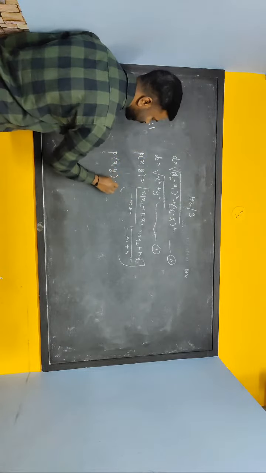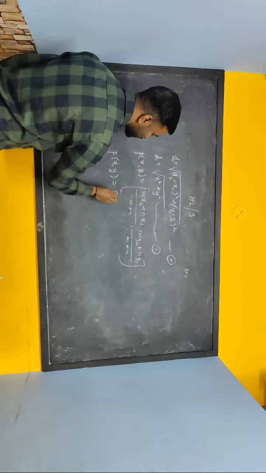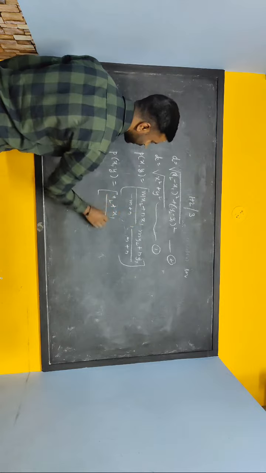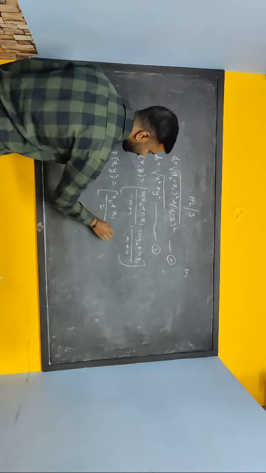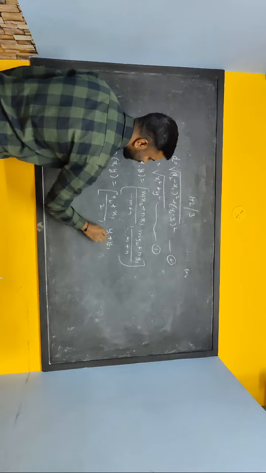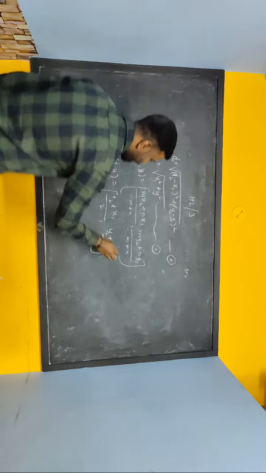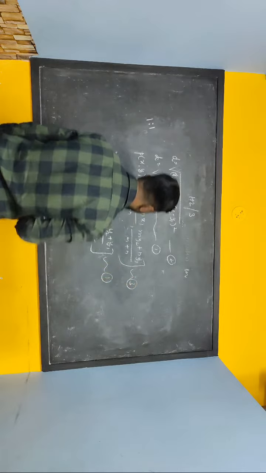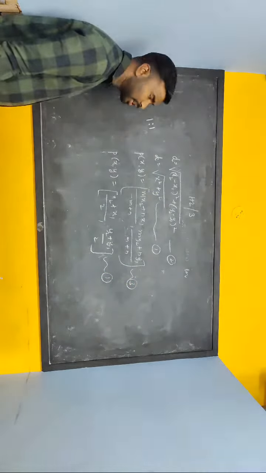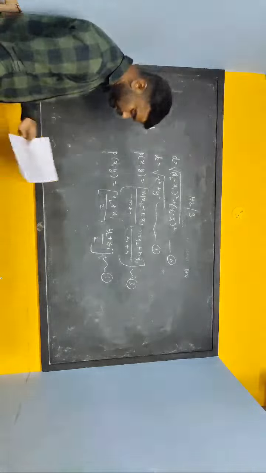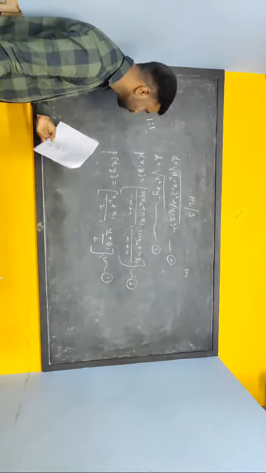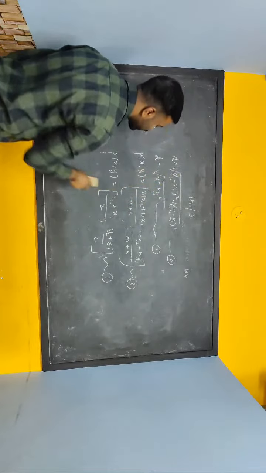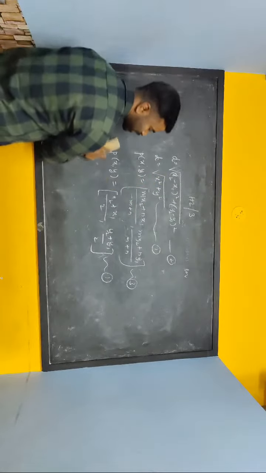So the midpoint formula is (x2 plus x1) by 2, and in the same way (y2 plus y1) by 2. The section formula can be asked for 3 marks, and the midpoint for 1 mark. Simple 4 formulas, you can definitely expect these questions.